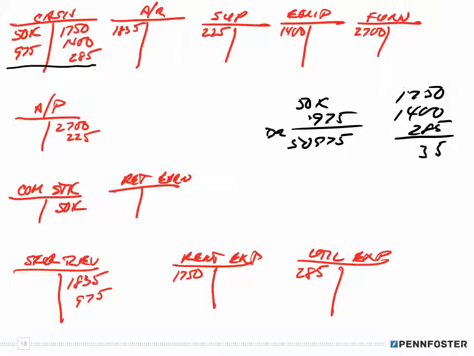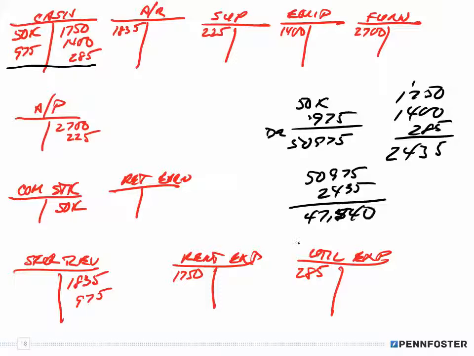So that's 2,435. So I take my debit of 50,975 and I subtract the 2,435, and that should give me a balance of 47,540. Since my debit is greater than my credit, this 47,540 is a debit, so I put it on the debit side, 47,540, and I underline that. So that's the balance in my cash account.